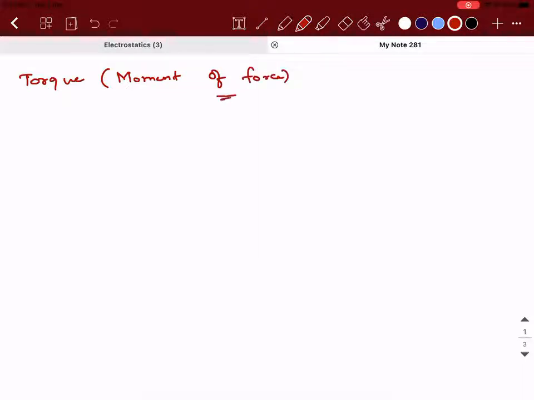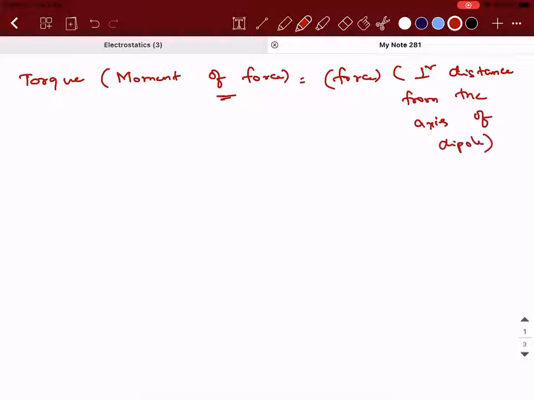It is defined as the product of force and perpendicular distance from the axis of rotation. Is that clear? So is it clear to people who are online? Yes, sir. Okay.